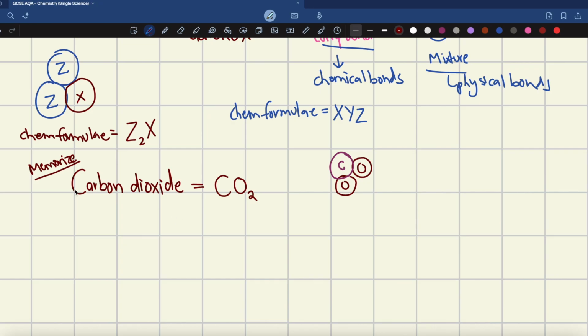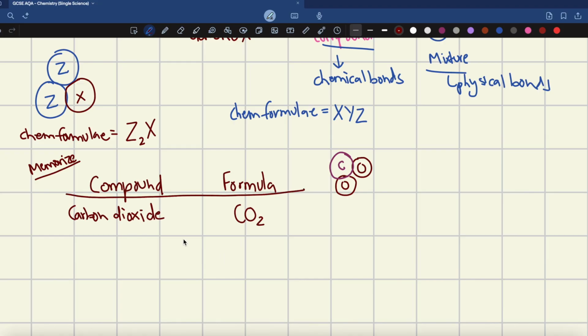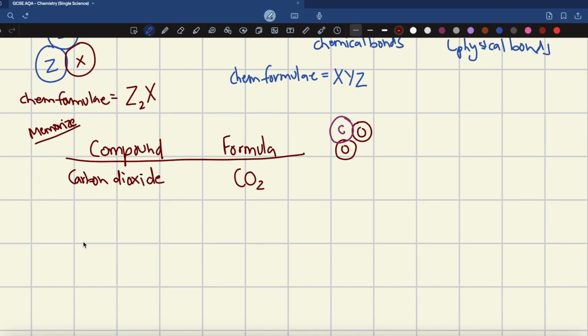Let me draw a nice cute table. Okay, so we've got carbon dioxide, then we've got magnesium iodide. Magnesium iodide is denoted with MgI2.